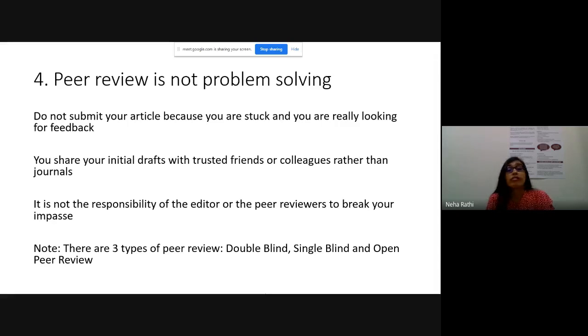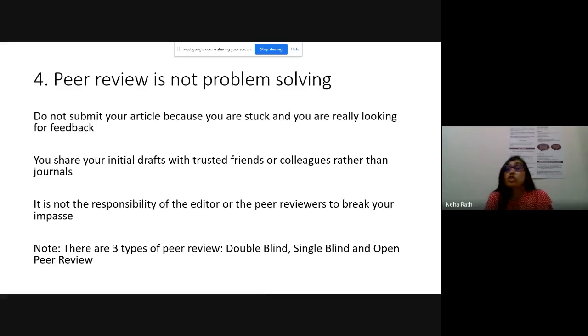Sorry, it's not the responsibility of the editor or the peer reviewers to break your impasse. Impasse is your disagreement, your confusion. So if you're stuck, they're not going to help you out. What you can do is share your initial drafts, like draft 4, draft 5. You generally write 10 drafts, then only you reach a good paper. But share them with trusted friends or colleagues rather than journals. If you become a professor, you can share with another professor.